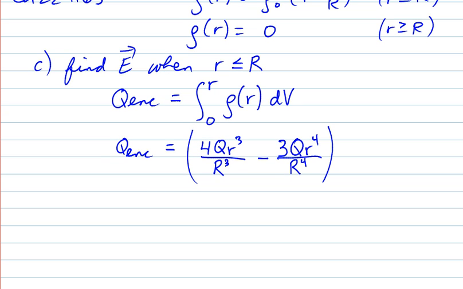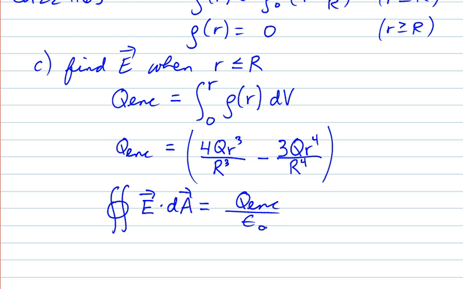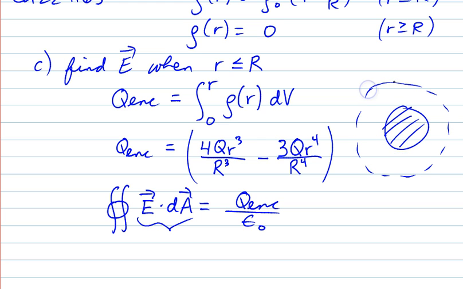So now what we do is we plug this into Gauss's law. So the surface integral of E dot dA is equal to q enclosed over epsilon naught. And again, if we choose our Gaussian surface carefully, we have our charge distribution and a Gaussian sphere, so that at any point on the sphere, dA and E are going to be parallel to each other.